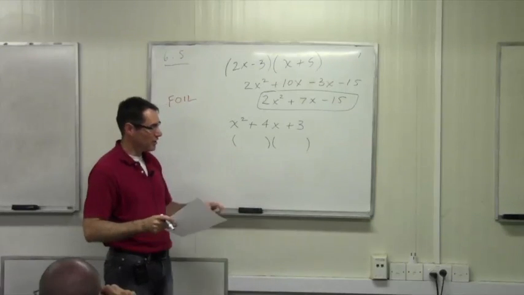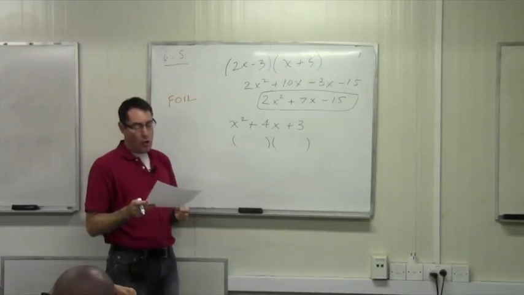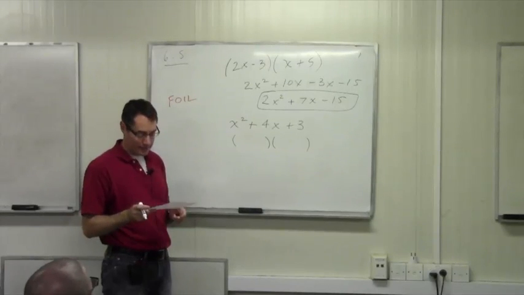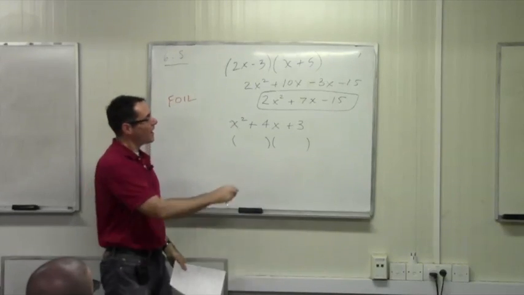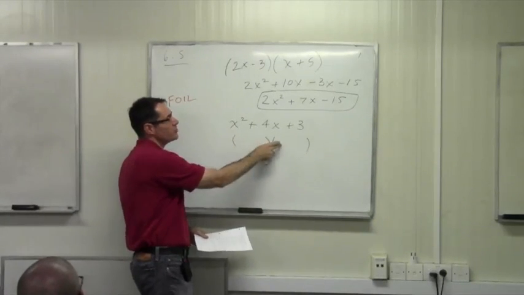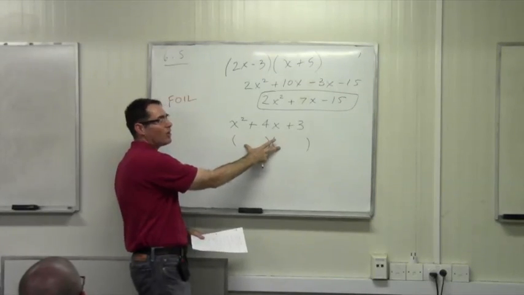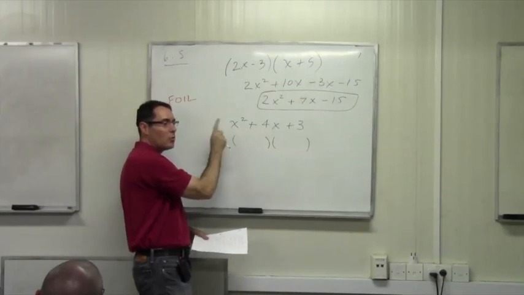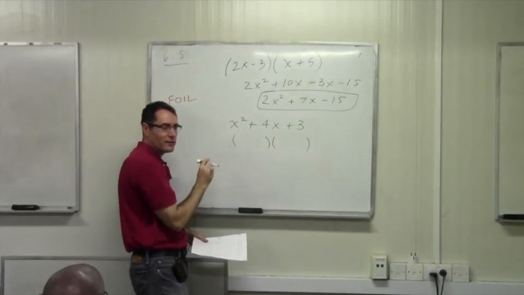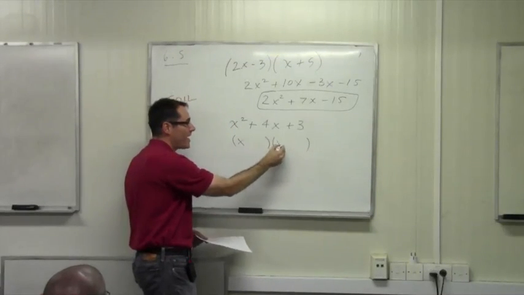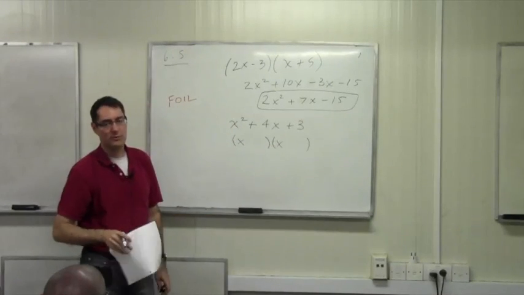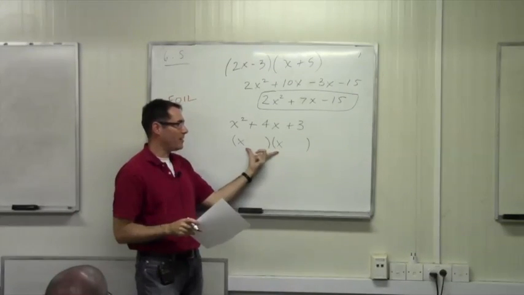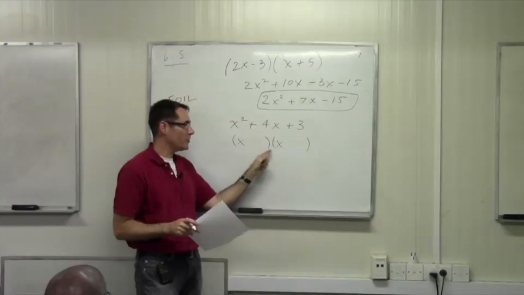You can use the FOIL method as your guide here. The first two terms are multiplied together and give you this term. What times what gives you x squared? x. So you're almost halfway done, because you already got the x. When you do the FOIL method on this, you end up with x squared, so those two have to be x.